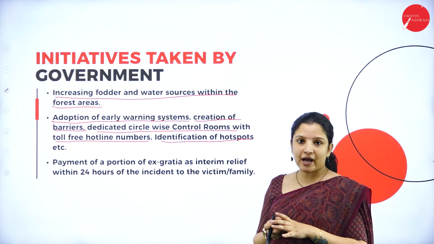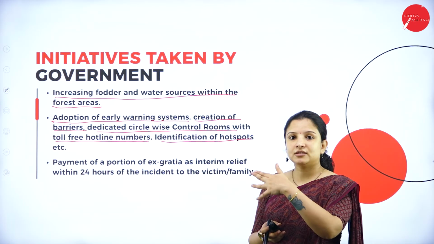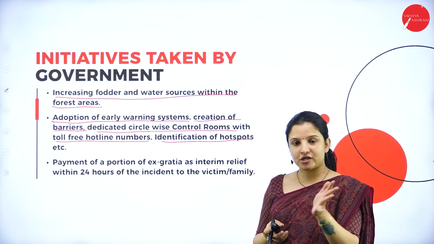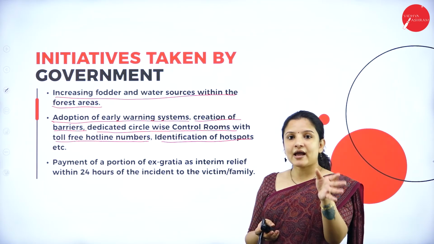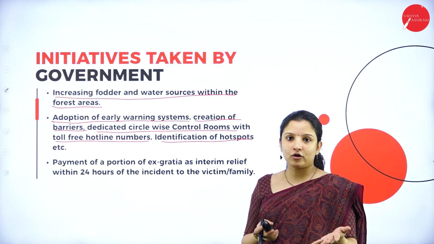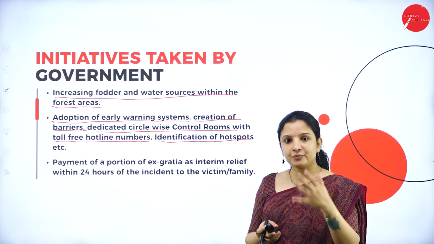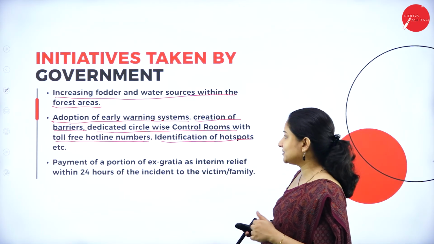Next is to create barriers, like nowadays in the areas or human settlements which share boundaries with the forest, they have electric fences and all that. Such barriers will also prevent the wildlife from entering into human settlements.